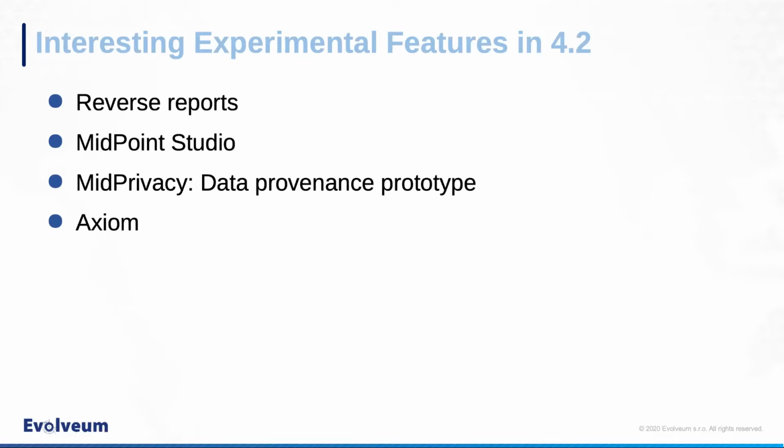Since 4.2, it is possible to use a midPoint native mechanism for it. It can be achieved by configuring reports in midPoint, specifying that the reports should be executed in the opposite direction, or import direction. There is a possibility to define how various columns should behave, if any action should be executed, and so on.